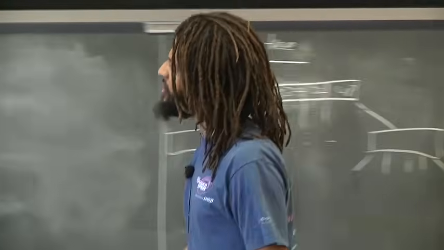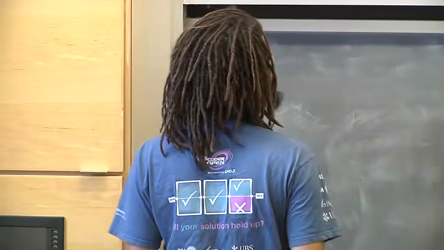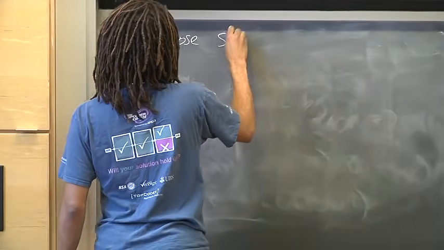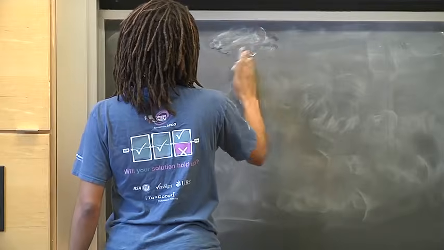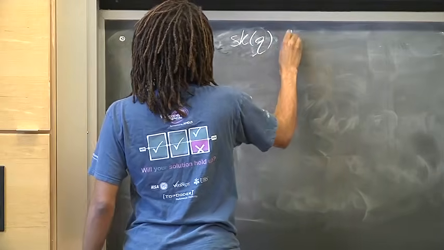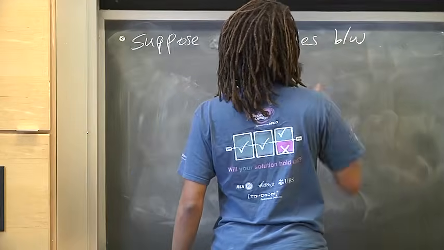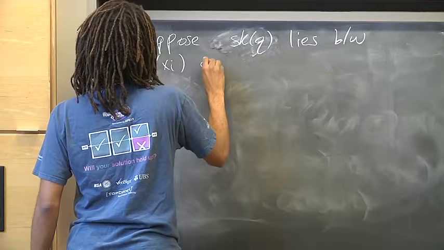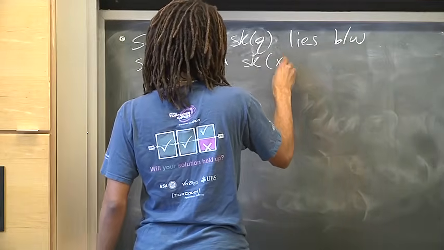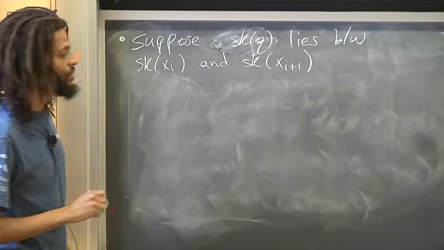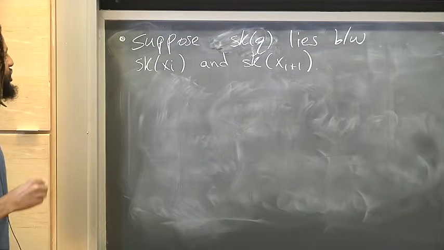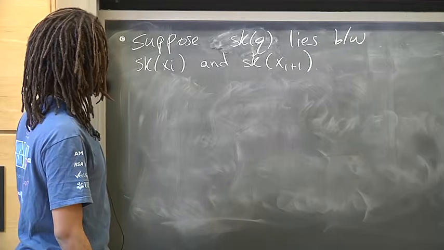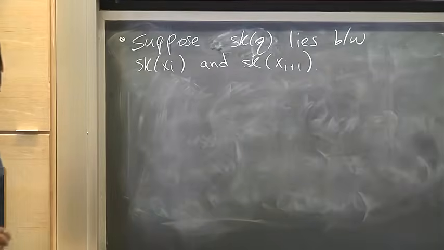So suppose the sketch of Q lies between the sketch of xi and the sketch of xi plus 1. It does not imply that Q lies between xi and xi plus 1, but I claim that we can still use this information for our benefit.